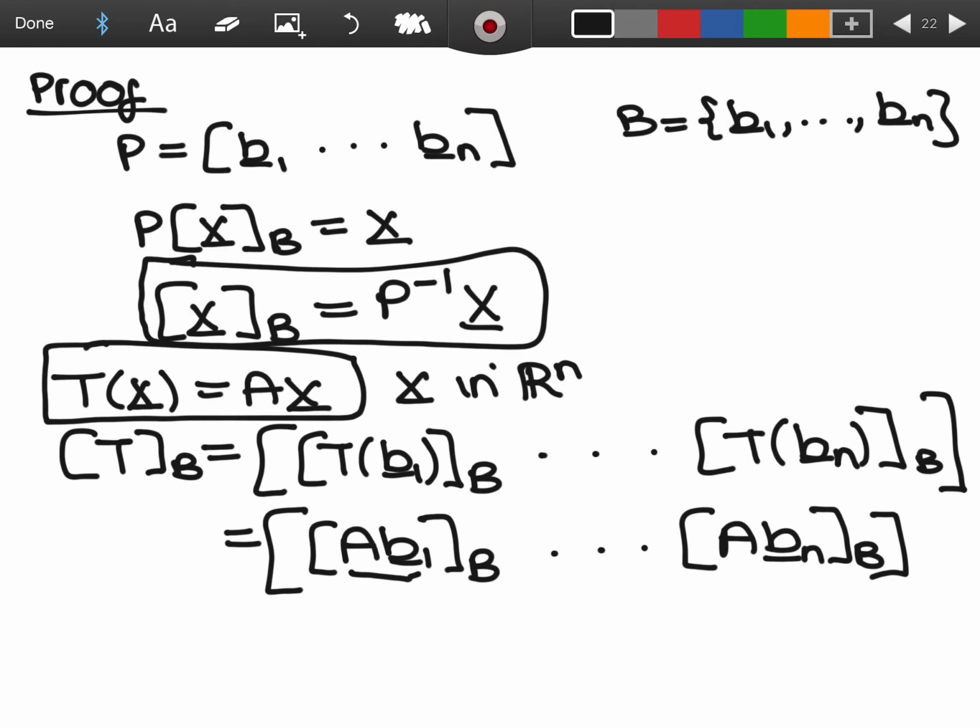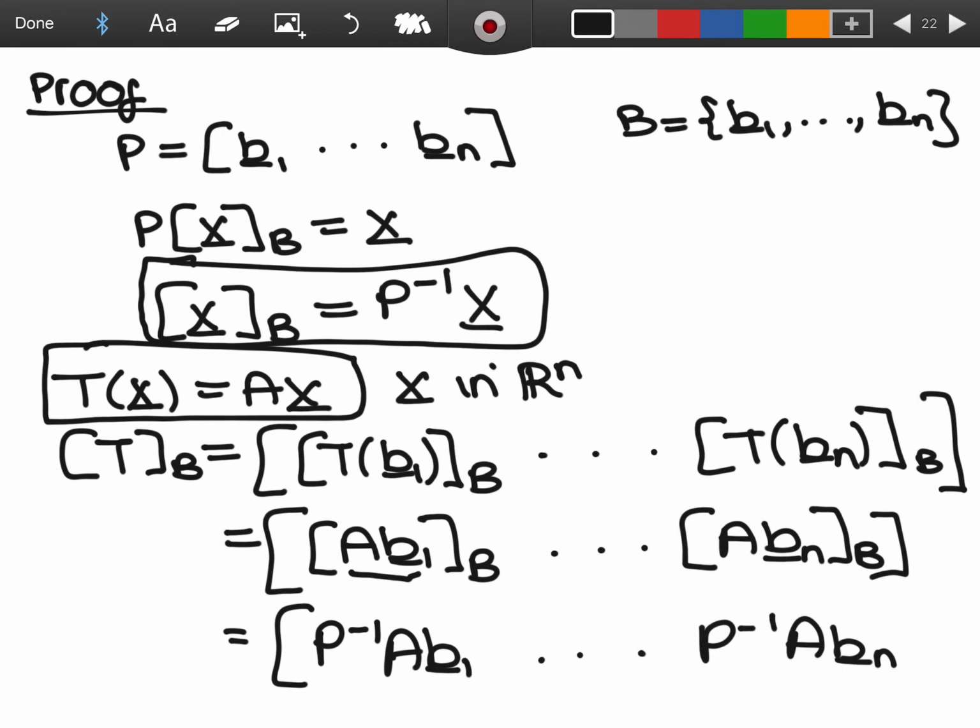So I know that if I have a vector, I can rewrite x with respect to B as P inverse times that vector. So each one of these columns I can rewrite as P inverse times A times B1. Then the next column would be P inverse A times B2, etc., all the way along to P inverse A times Bn.